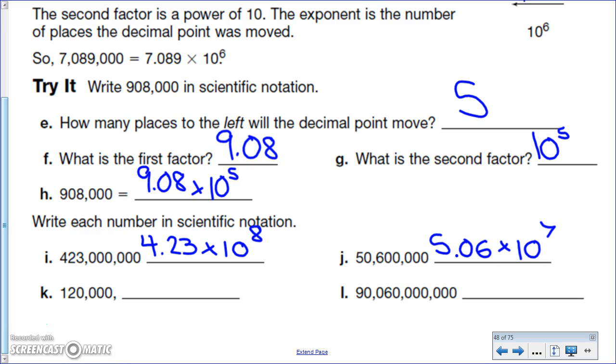For K, we have 120,000. So the first factor in our answer here is going to be 1.2. So we're moving the decimal from the end of the number all the way up to between the 1 and the 2. And then it becomes times 10, in this case to the 5th, because the decimal would have moved 5 places to get from the end of the number to up in between the 1 and the 2.